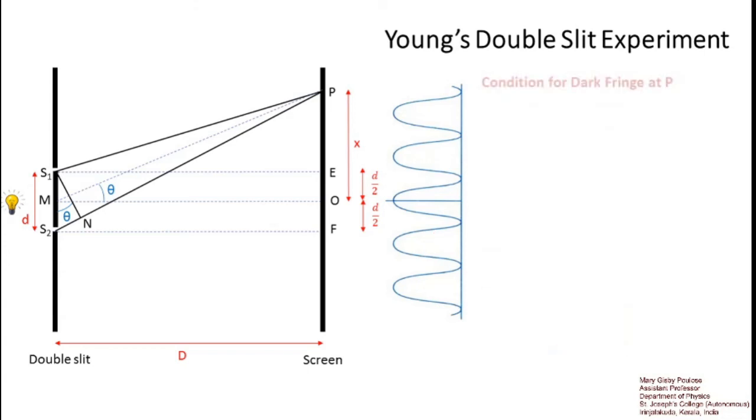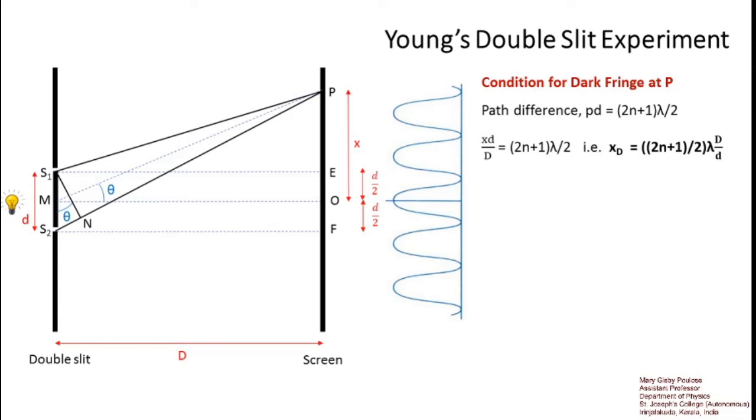Now, let us assume a dark fringe to be at the point P. The condition to be satisfied for destructive interference at P is that path difference should be an odd integral multiple of half wavelength.